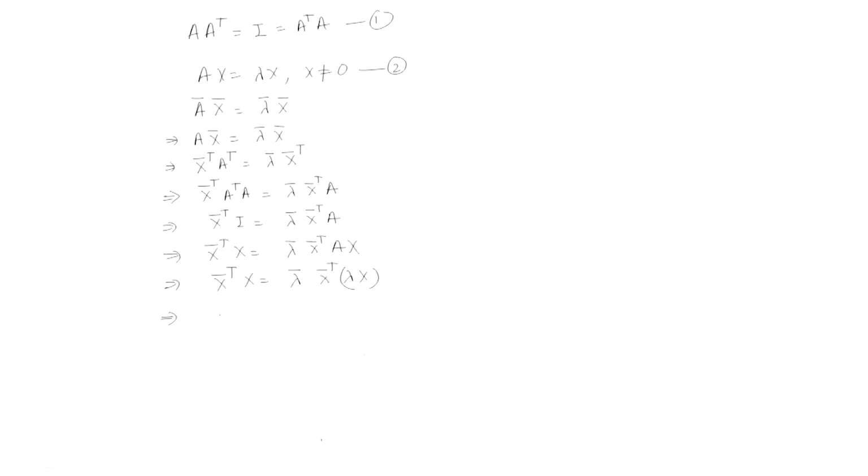So this implies 1 minus mod lambda whole square into x bar transpose x is equal to 0, because lambda into lambda bar is mod lambda square. Now x bar transpose x is never 0. Suppose the vector x is x1, x2 up to xn, then x bar transpose x will be x1 bar, x2 bar up to xn bar times x1, x2 up to xn.